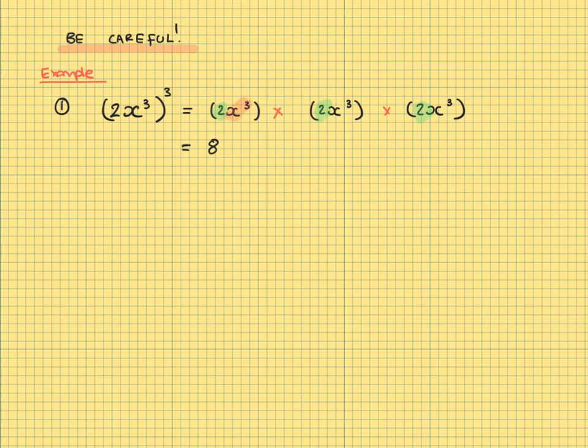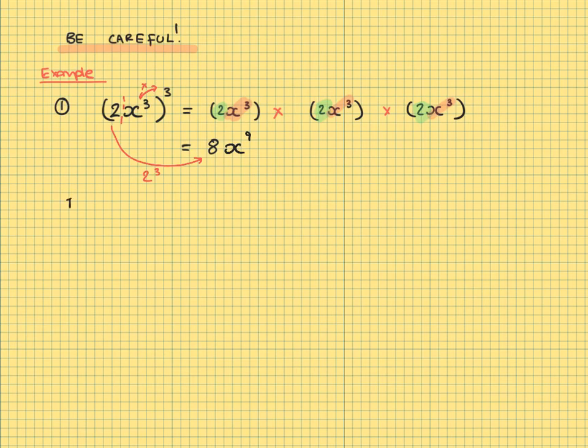And we can see x cubed multiplied by x cubed multiplied by x cubed, which gives us x to the power of 9. We could also see that from here, multiplying these indices here, 3 times 3 is 9, and we can also see that 2 has been cubed to give us the 8.